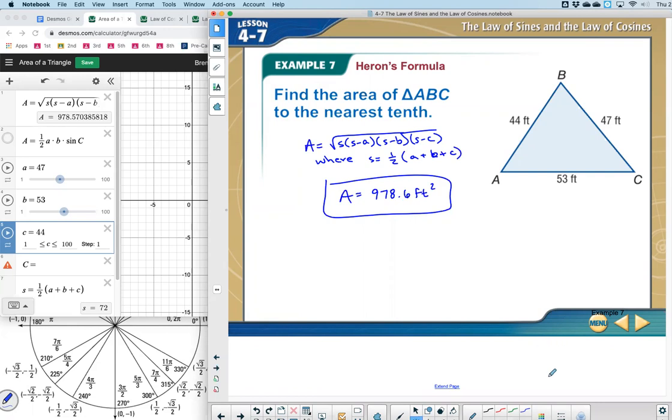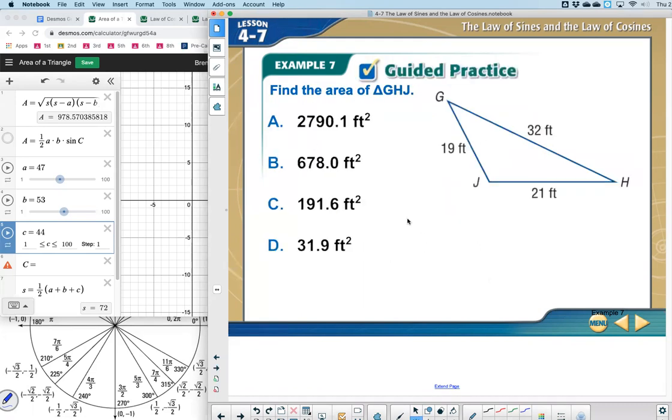And that's Heron's formula, really simple using that calculator. Here's one for you to try, but before you actually try it, while I'm on this calculator, I'm going to show you the next problem.